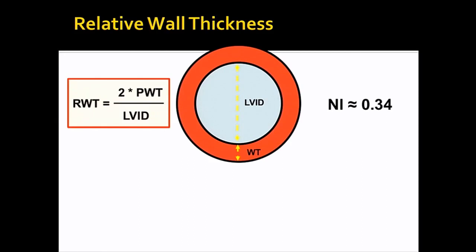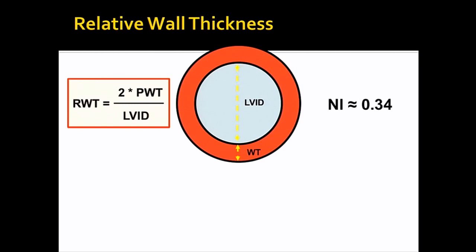It's a dimensionless ratio. Now you will find there's a gradual shift. Some people are arguing that rather than 2 times the posterior wall thickness, it should be the interventricular septum plus the posterior wall thickness. That is likely a very appropriate way of doing it, and the ratio should still be approximately the same.